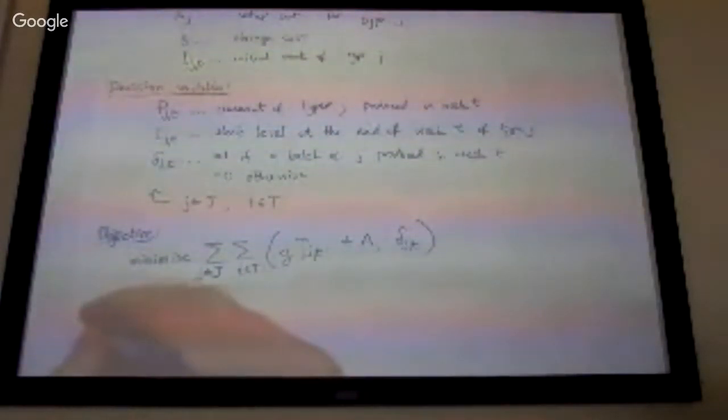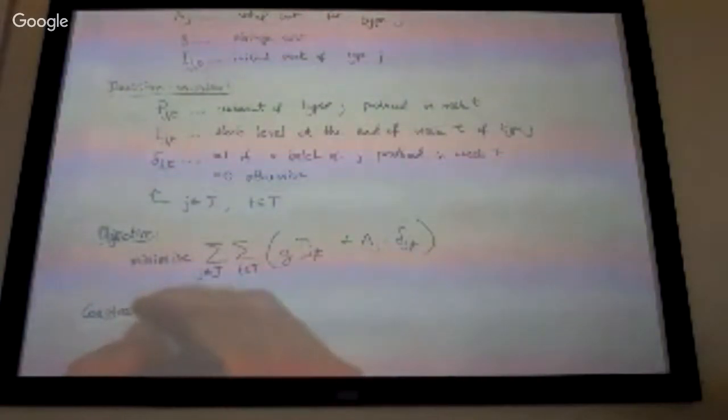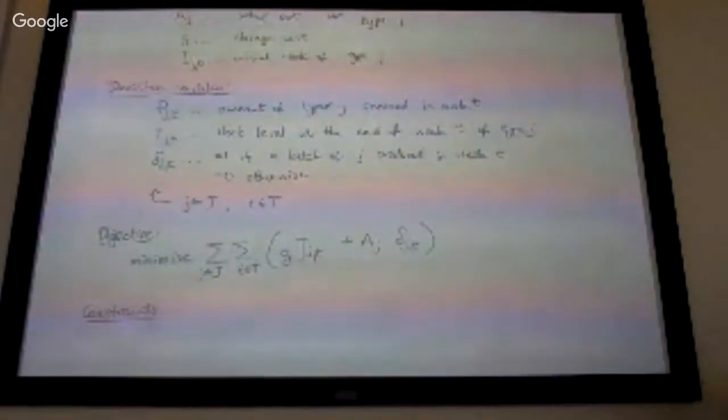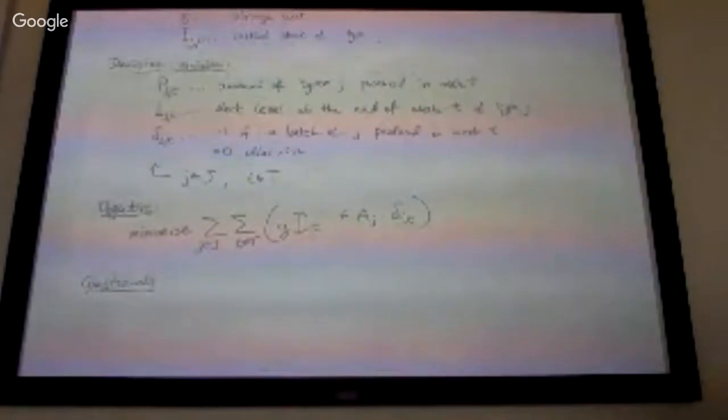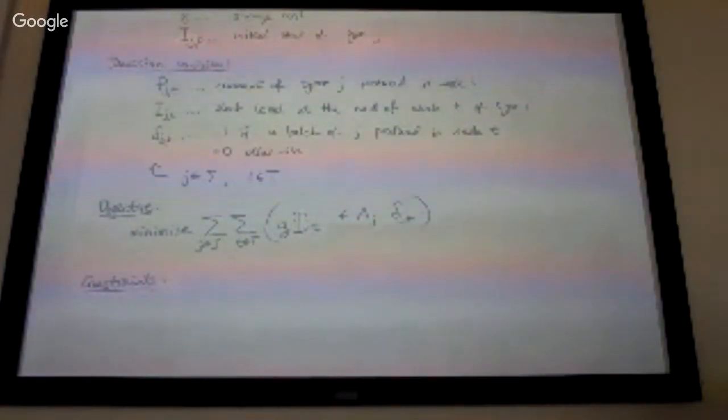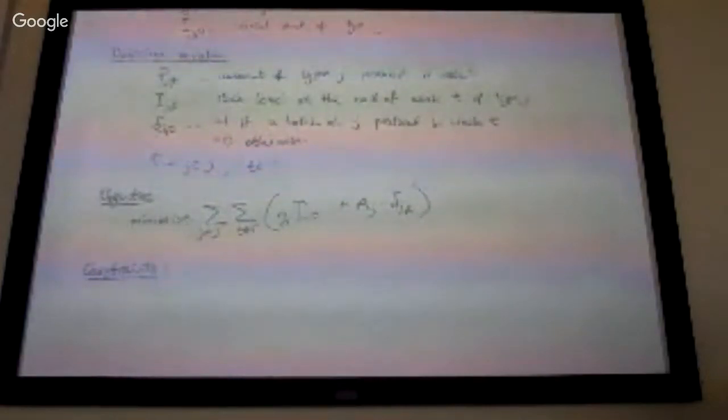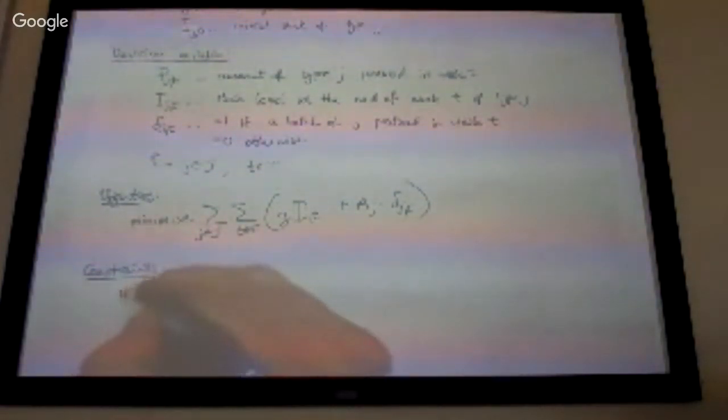What are the constraints? Going backwards. Okay. So in the constraints, usually you have continuity.